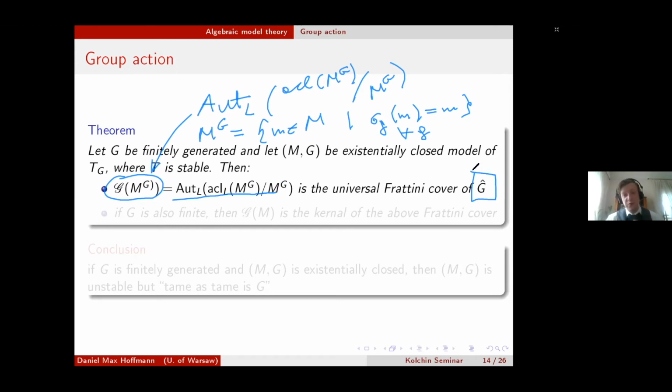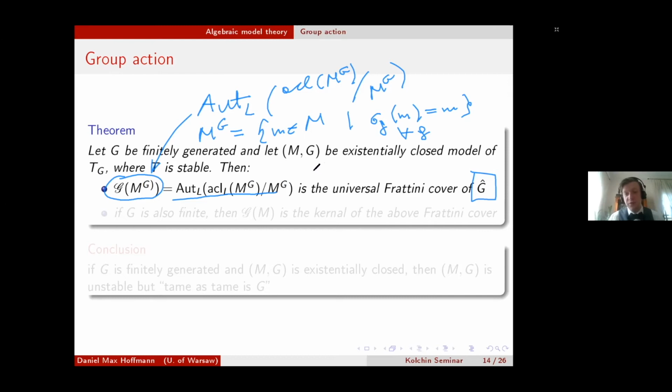So you start with any group, you have this group action and an existentially closed model of it. And it turns out that the absolute Galois group of the invariants is actually determined by G, in the sense that it's the universal Frattini cover of its profinite completion.